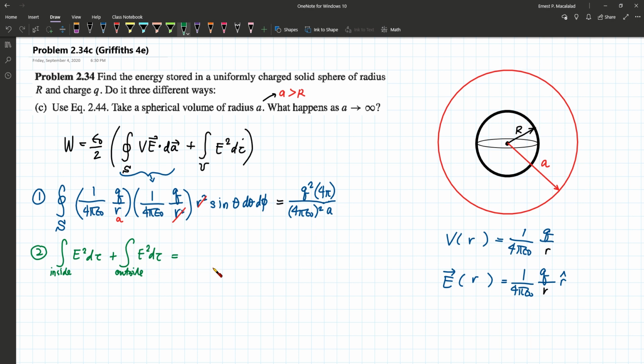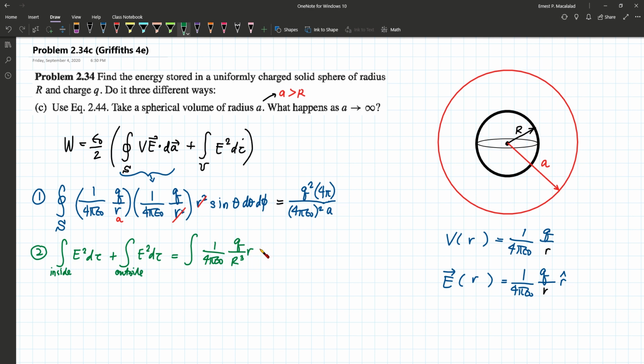From the electric field before, inside would be the integral of 1 over 4 pi epsilon naught, q over capital R cubed, r.